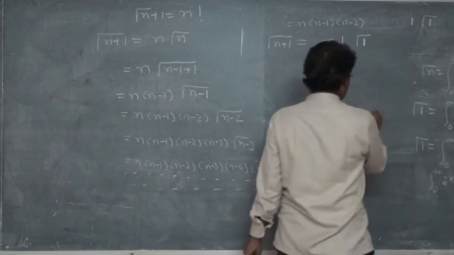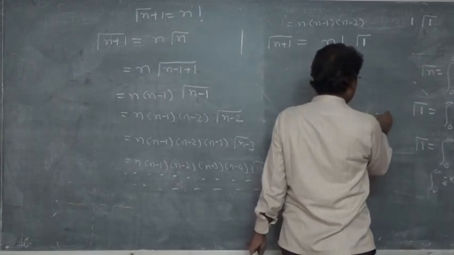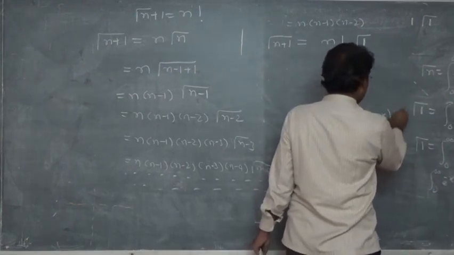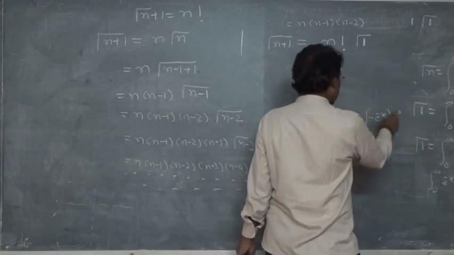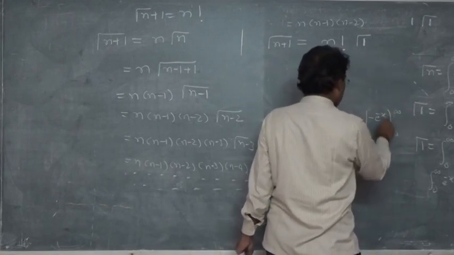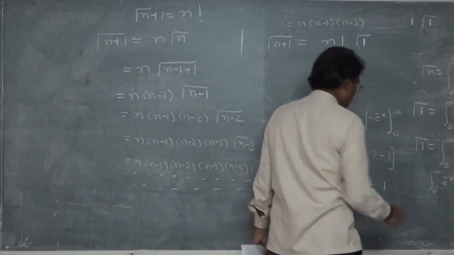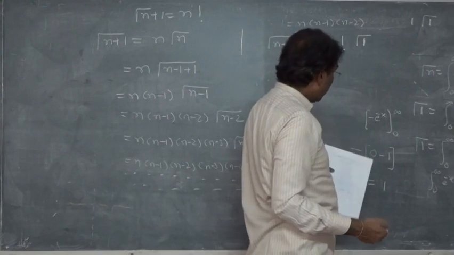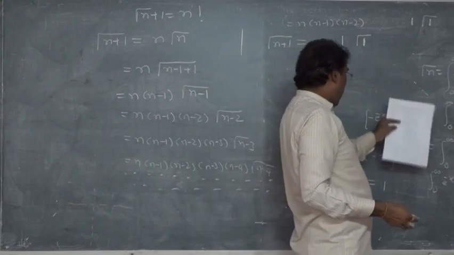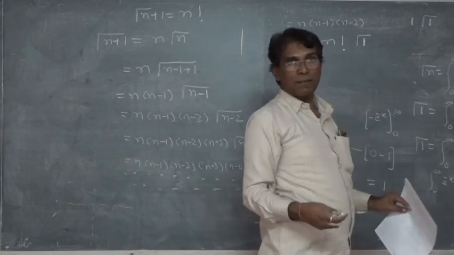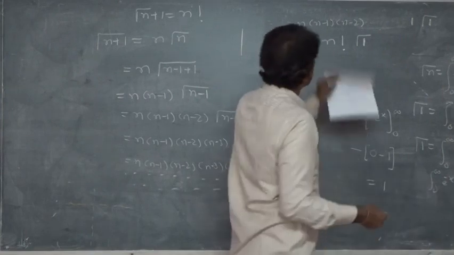So integration of this one is minus e raised to minus x, 0 to infinity, minus you take outside, upper limit infinity is 0, minus lower limit e raised to 0 is 1. Already this I told you, minus 1. So what I calculated here is gamma 1 is equal to 1. Now you substitute here.